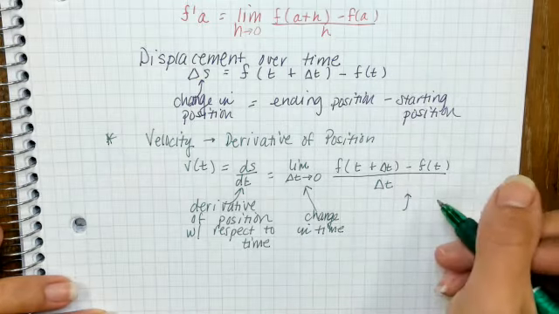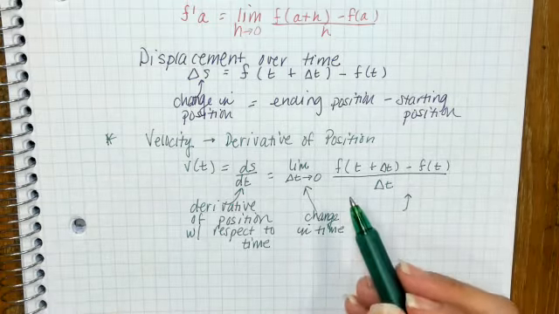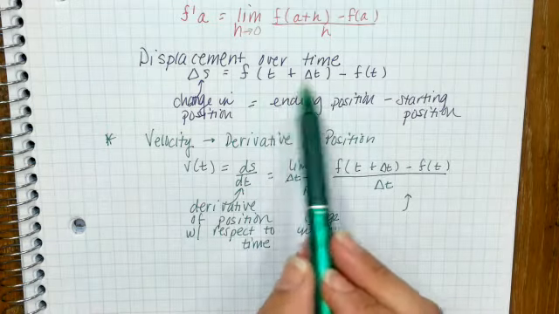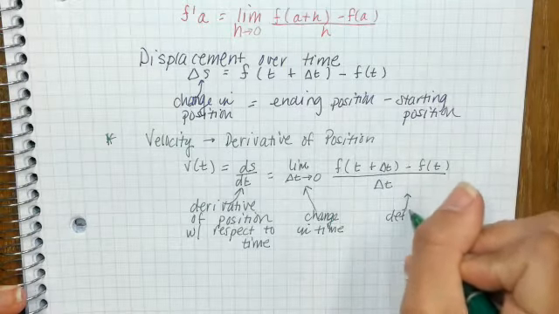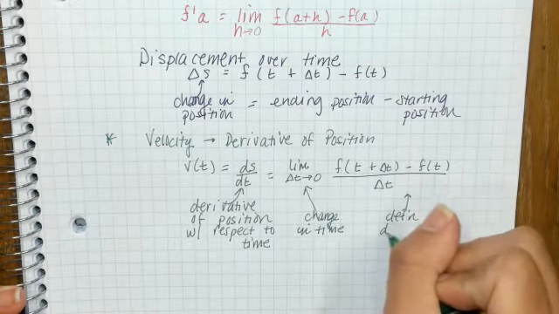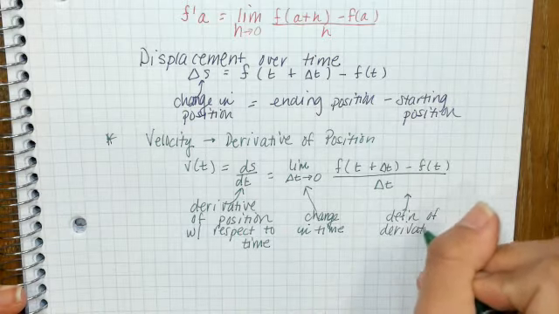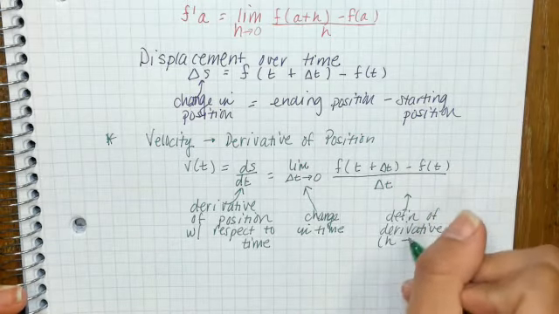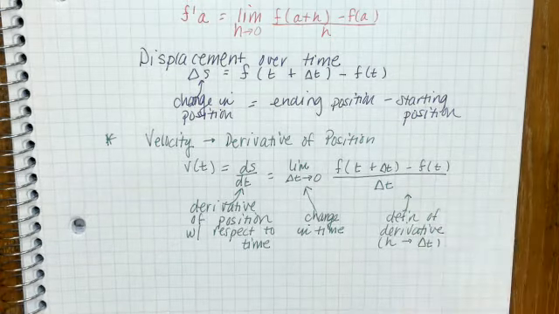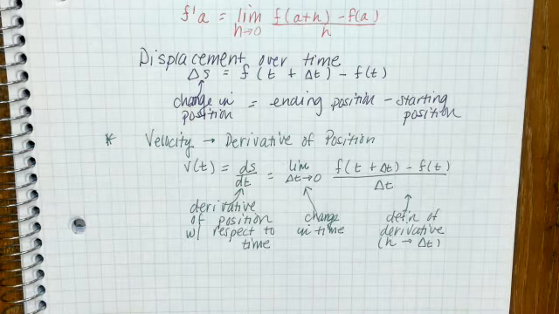And this you should recognize. Normally it's x plus h. Here it's t plus delta t. This is the definition of the derivative. Instead of h, it is now delta t. So as the change in time gets closer and closer to 0, that's how we find instantaneous speed, but in this case, we're finding the velocity.